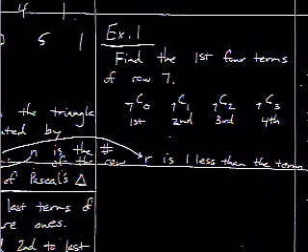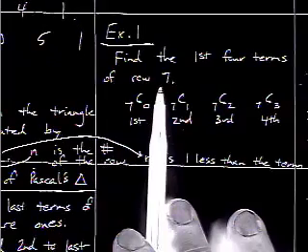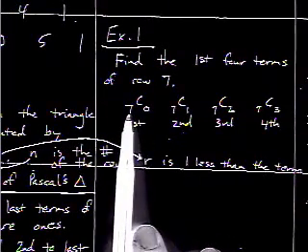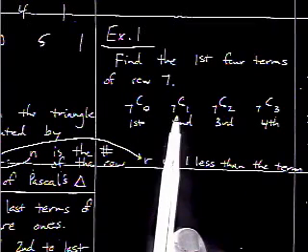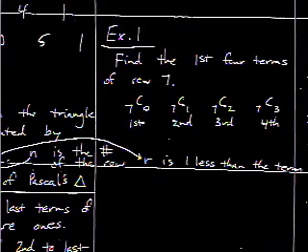Anyway, if you're asked to find the first 4 terms of row 7, the row is 7, and you start with 1 less than the number of the term, so that's 7 choose 0, and 7 choose 1, and 7 choose 2, and 7 choose 3 for the 4th term.